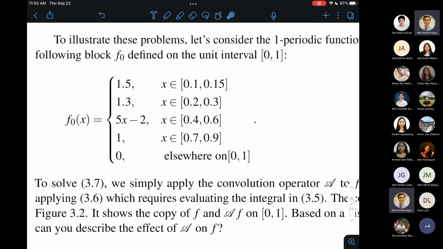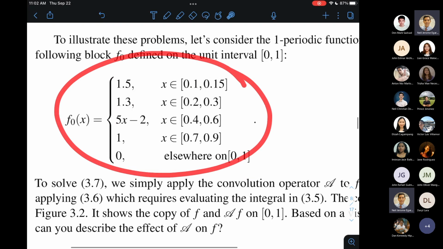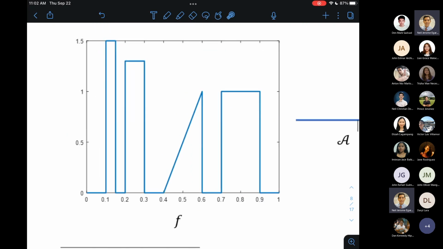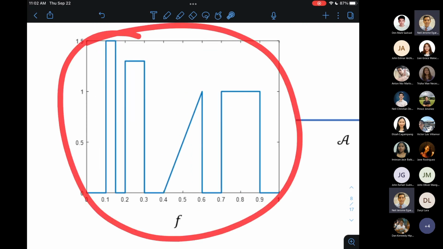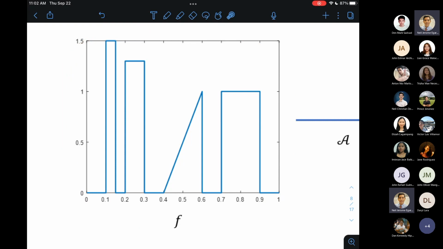And since I know the behavior of f on the unit interval 0 to 1, I can just make copies of it to get its appearance all throughout the real number line. So if you plot this function, this is what we get. This is the graph of the function f. And you see this function is continuous, but it is not differentiable on the entire interval.